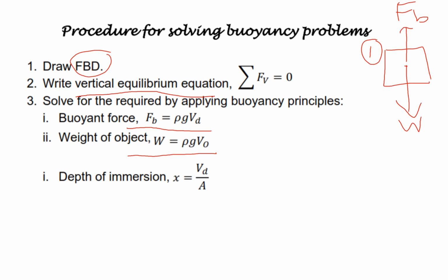Vd is only the part of the object that is immersed in water. And then you can calculate the depth of immersion, how much the object is immersed, using the formula Vd divided by area. So you can find the x.